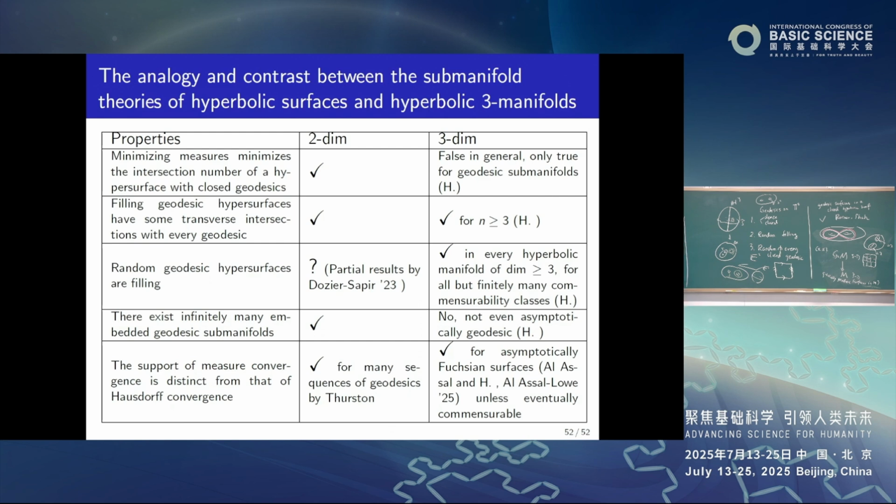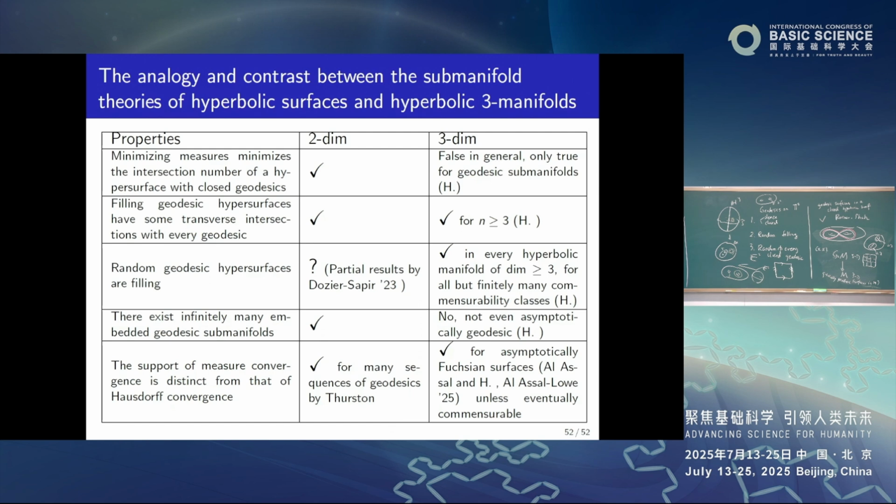And filling geodesics have some transverse intersection with every geodesic, but this is true in every dimension because that just relies on the local picture of geodesics and geodesic manifolds. Random geodesic hypersurfaces are filling. Well, this is a partial result in 2 dimensions, and I say my result is that all but infinitely many are filling. And the next property is that there exist infinitely many embedded geodesic manifolds. This is true in 2 dimensions, but false in higher dimension. They have a gap. It cannot be nearly geodesic.